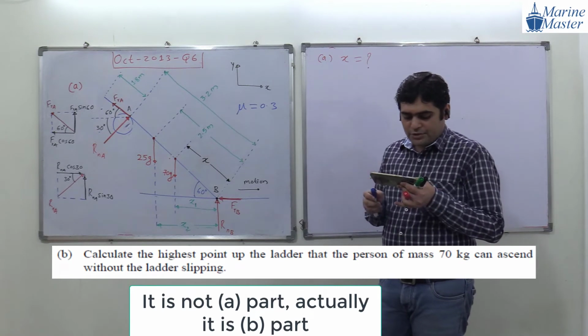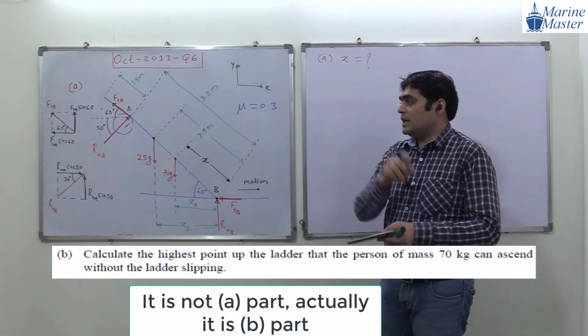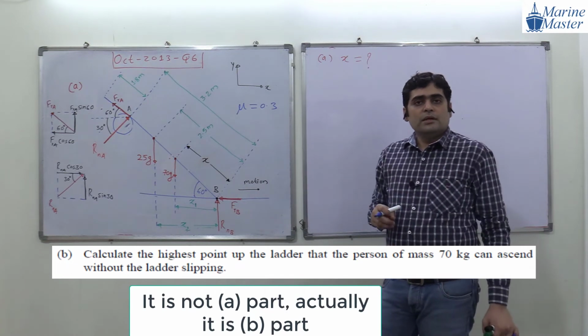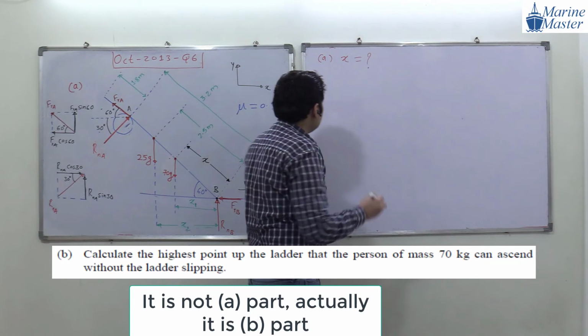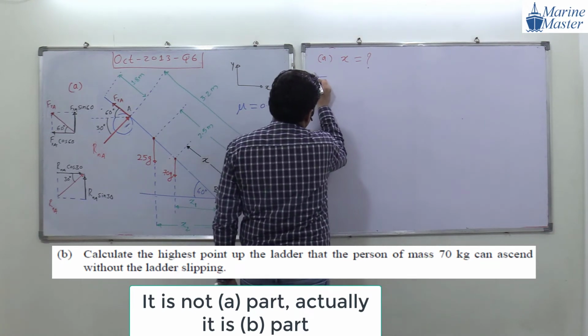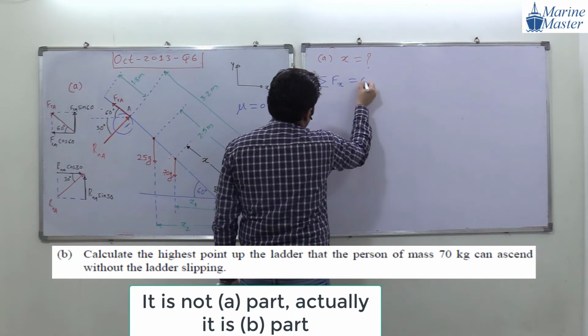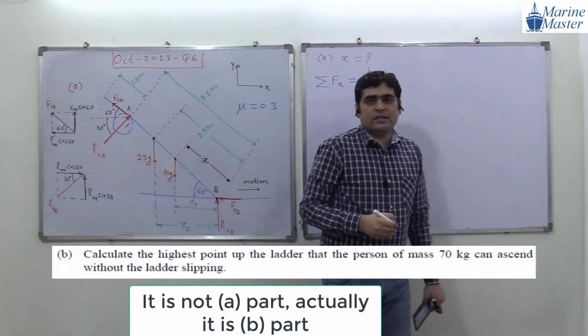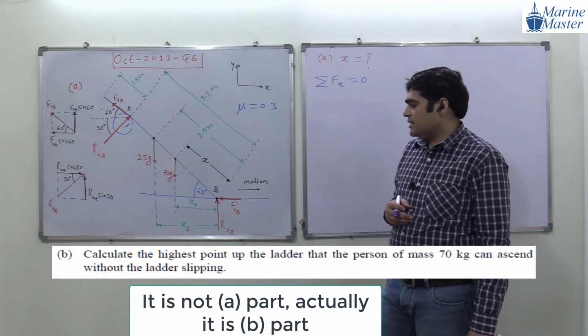So try to see the scenario. Now what we are going to do, as usual, in case of such ladder numericals, is summation of forces in x direction equal to 0. What are the forces here in x direction?